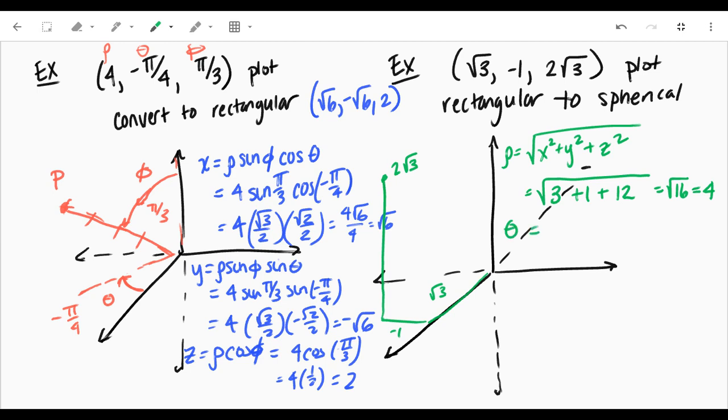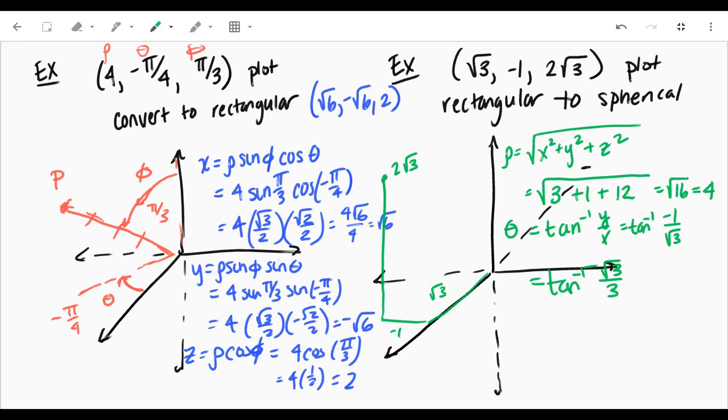Theta will be the inverse tangent of y over x. So we'll have the inverse tangent of negative 1 over root 3, which you know better as root 3 over 3. Oh, negative. Okay, so our angle, and remember, theta is between 0 and 2 pi.